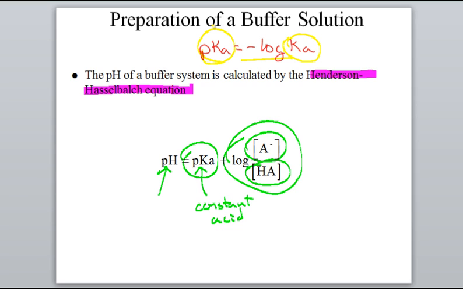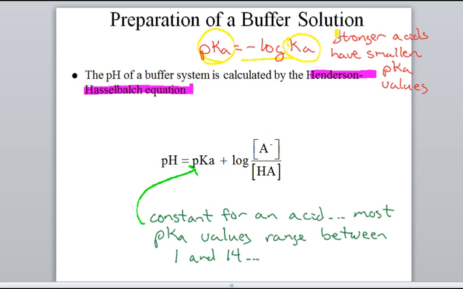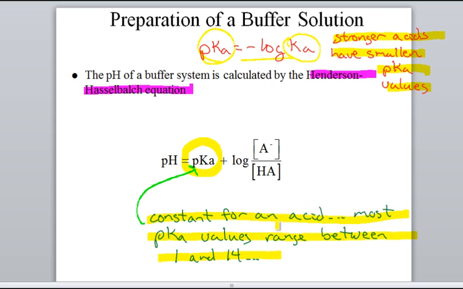The larger the Ka value, the stronger the acid, the smaller the pKa value. So I wrote those statements I just made verbally into statements. Stronger acids have smaller pKa values. And again, the pKa, it's a constant for an acid. Most pKa values, if you plugged them into that equation, would range between 1 and 14.